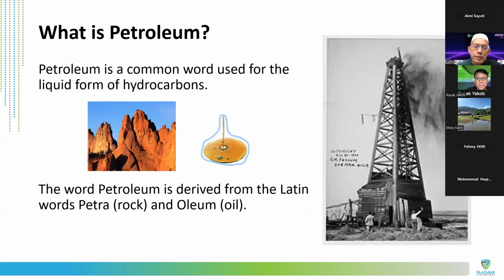Of course, at the same time, people ask about petroleum. I think this comes from the Latin words. They call it petra, petroleum. Petra is the rock, and oleum is the oil.